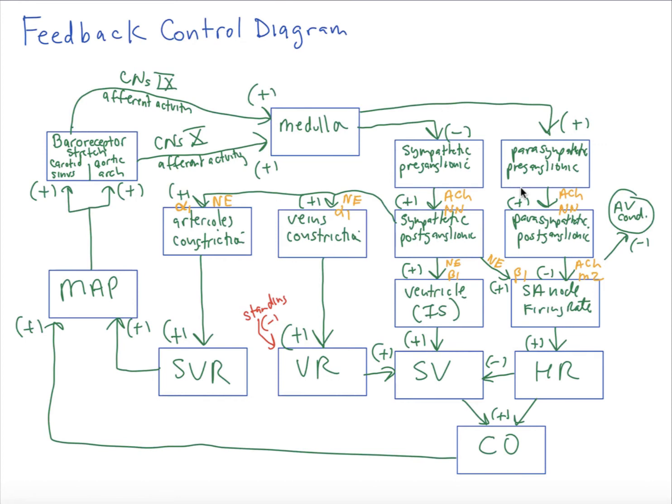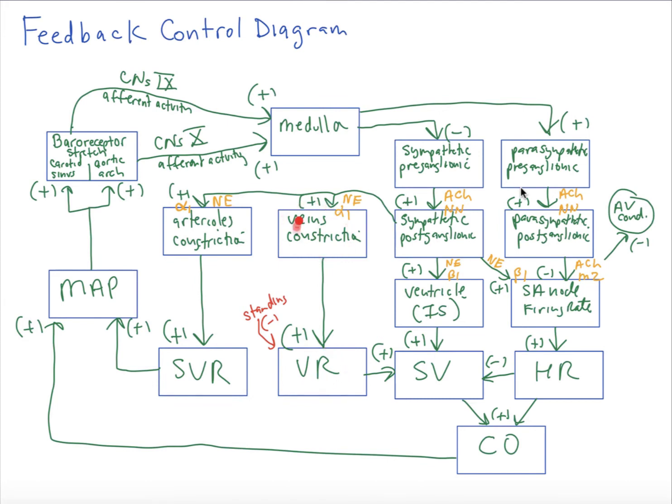Now we move our attention to the vasculature. I see that arterioles and veins have alpha 1 adrenergic receptors that are activated by norepinephrine. So more sympathetic, more constriction, less sympathetic, less constriction. Now, what are the effects of the constriction in these locations? Well, when the veins constrict, that causes the venous return to go up.